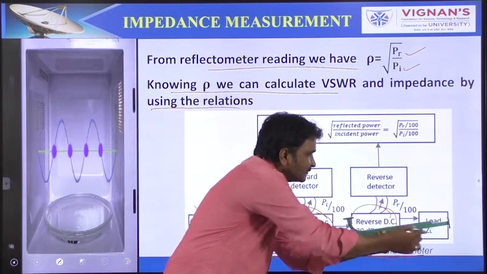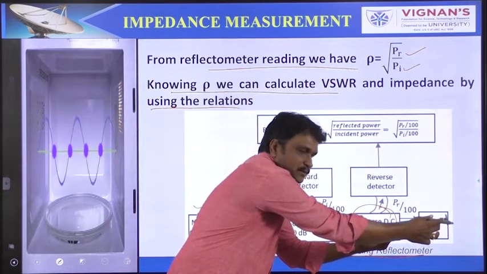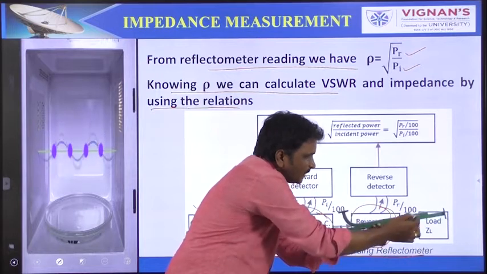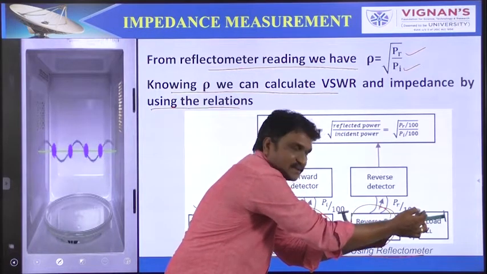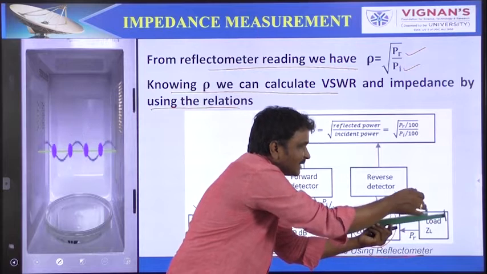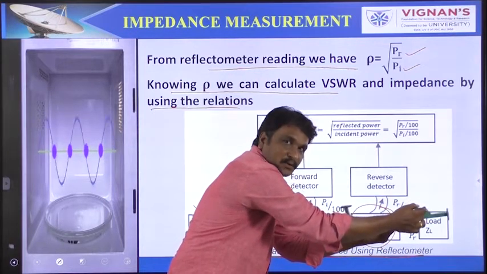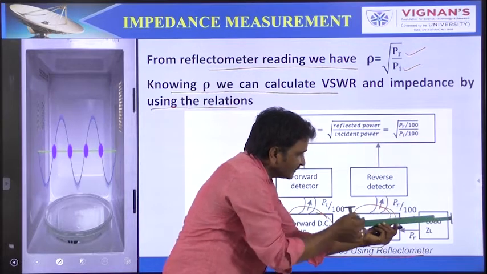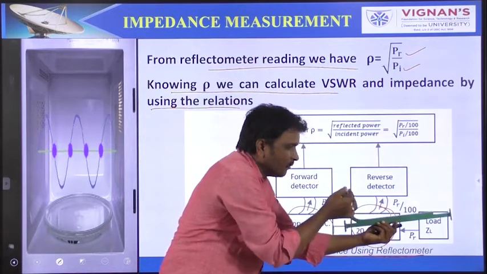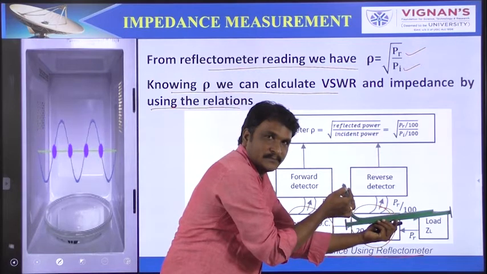The maximum power will come out of this port. A very small amount of leakage power enters into this port, but here it is already terminated with a matched load. So there is no reflection from this port.